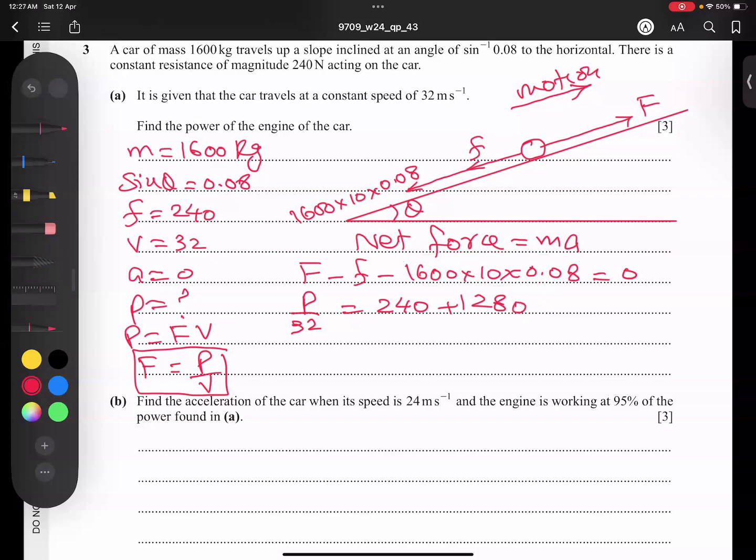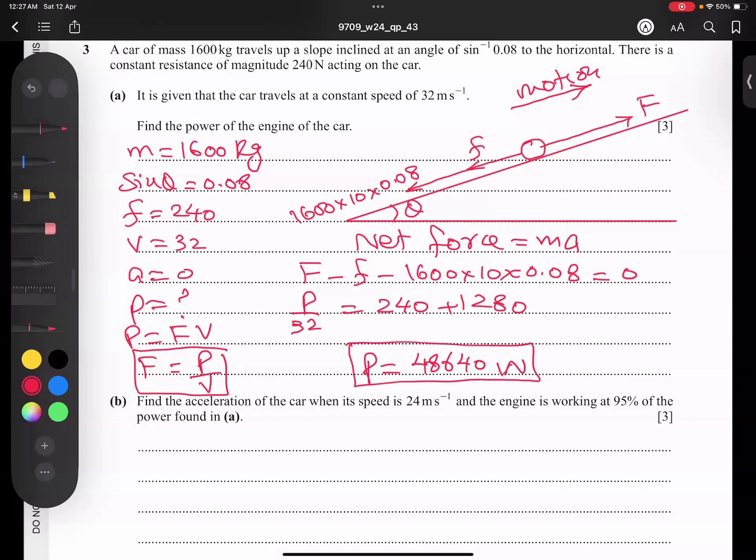And if I add 240 and times 32, it gives us power equals 48640 watts. Okay, so I think this part is very clear. So the first part is done.